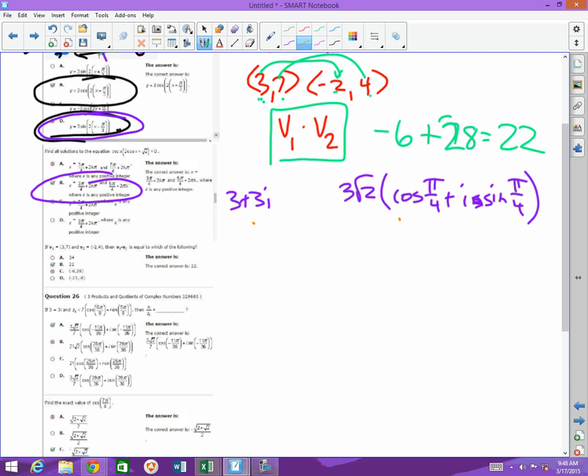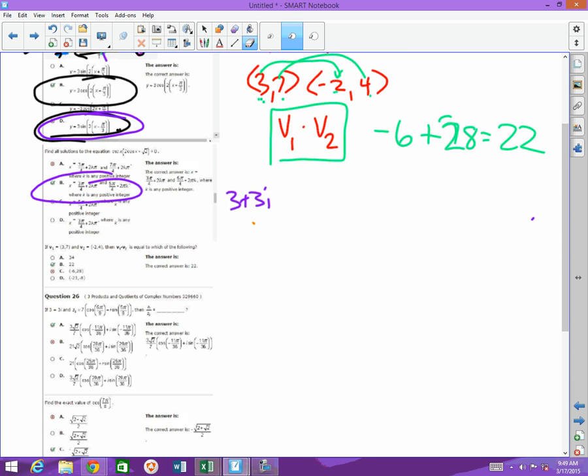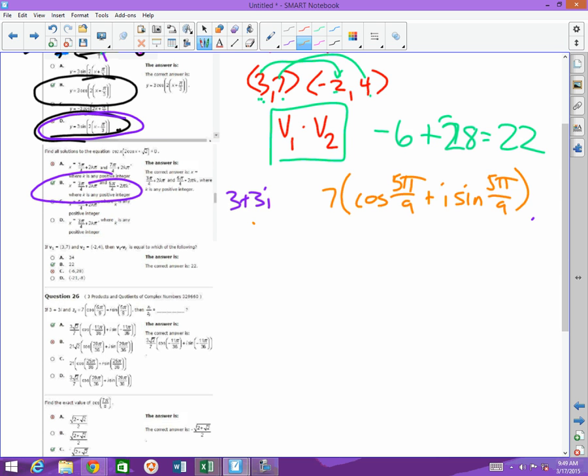I think that's what it is. Oh no, wait a minute. Let me get rid of this. That's what it is. All right, so first you've got to take this thing and get it into this form.